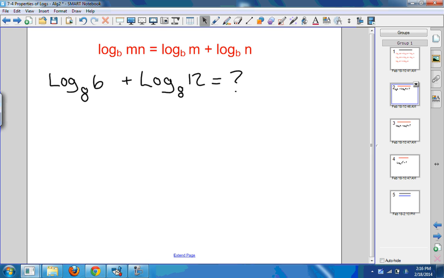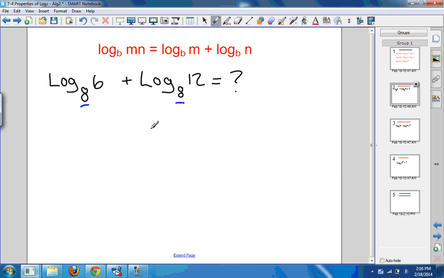So this first property we have here is what's called the product property. And it says that if we have two logarithms with the same bases, notice these both have base 8, then we can combine them.